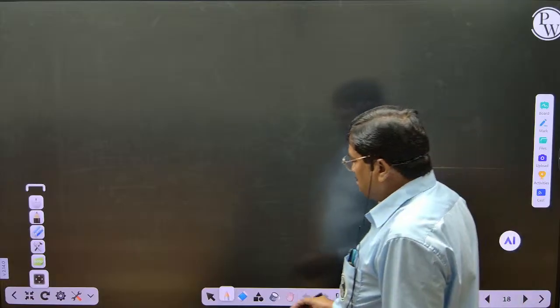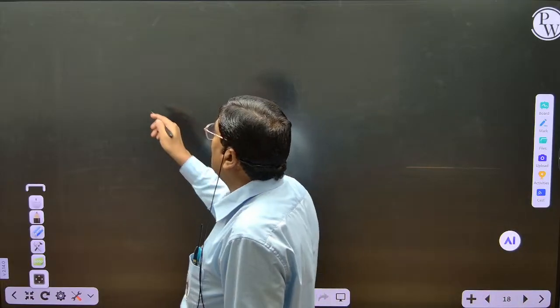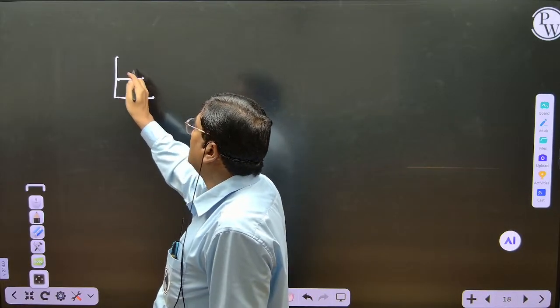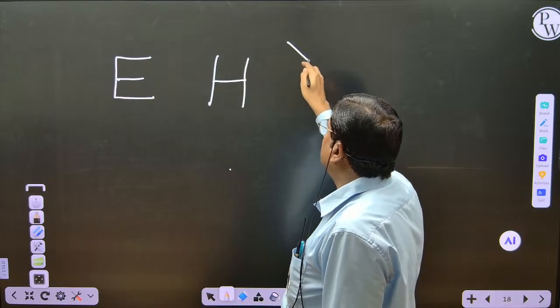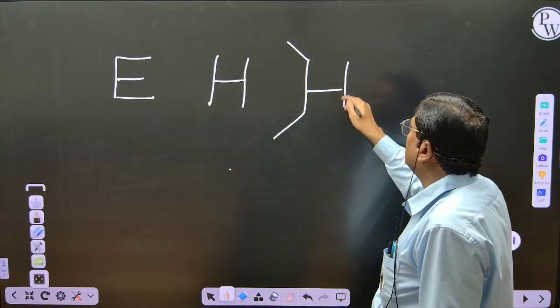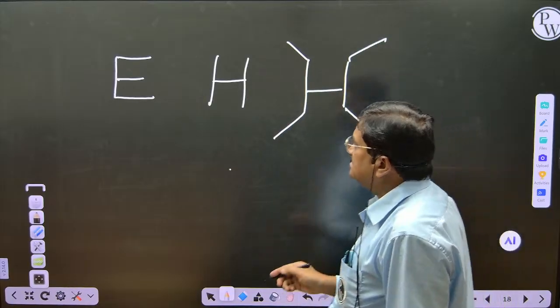Now see, I give you one more compound, letter E and letter H. And for this you write names. Think over and mention the names.